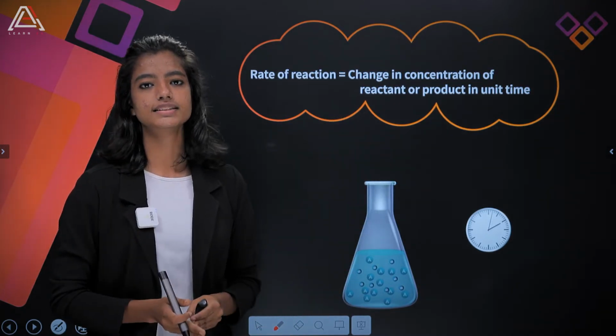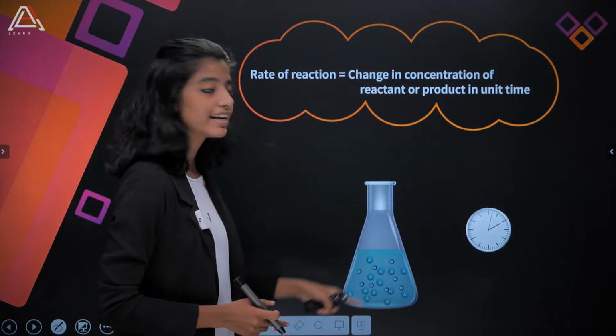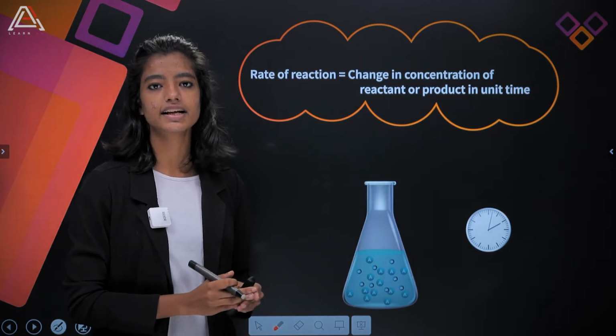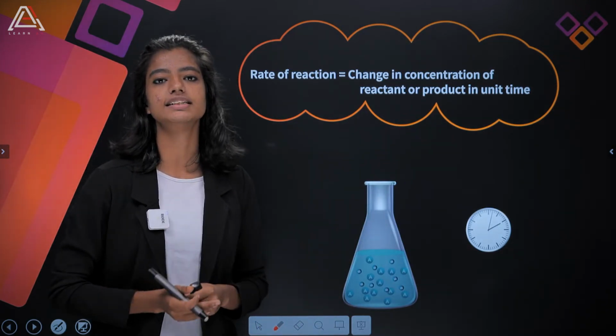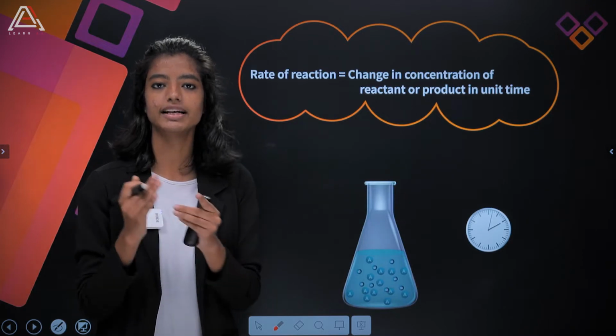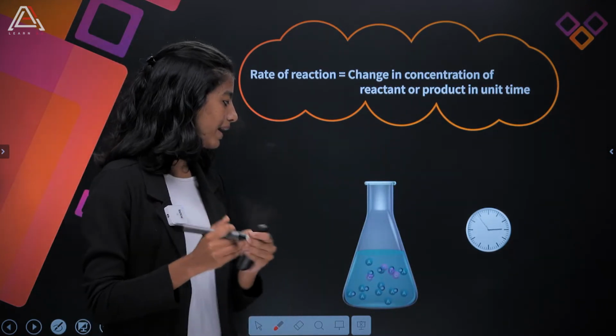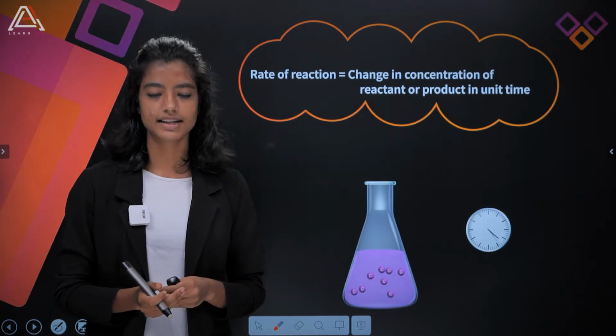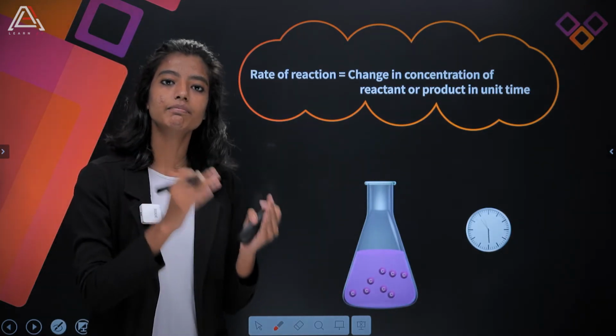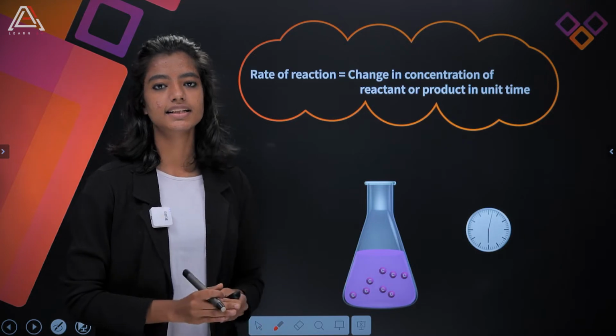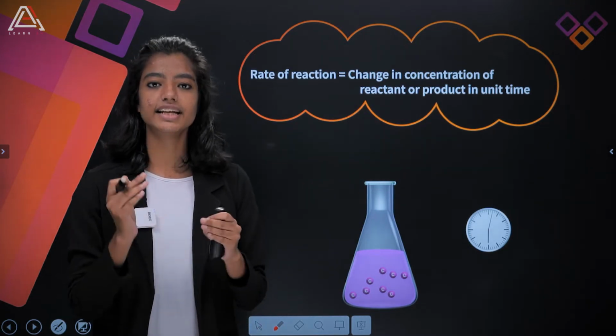As you have noticed, the concentration of reactant is decreasing and the concentration of product is increasing during this chemical reaction. For example, here A and B combine together to form C, right? Now A and B keep on decreasing and C keeps increasing.